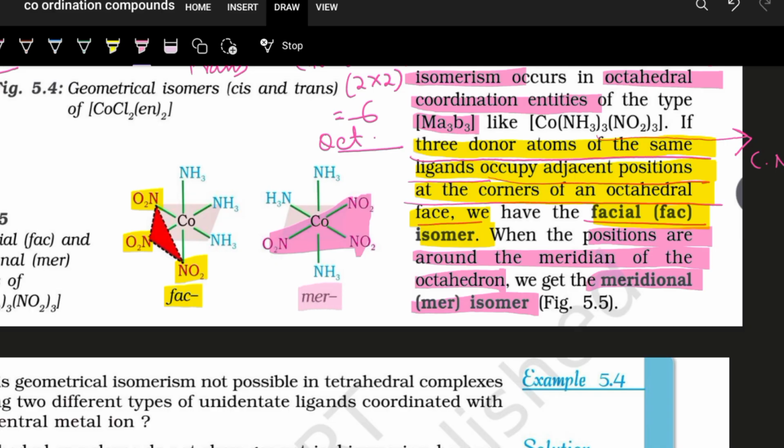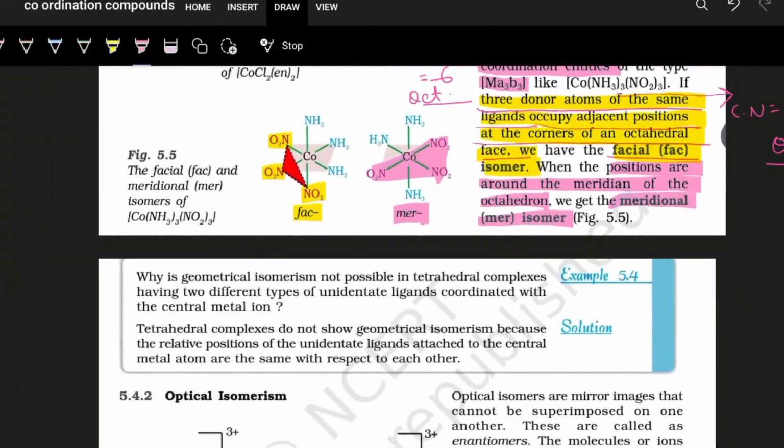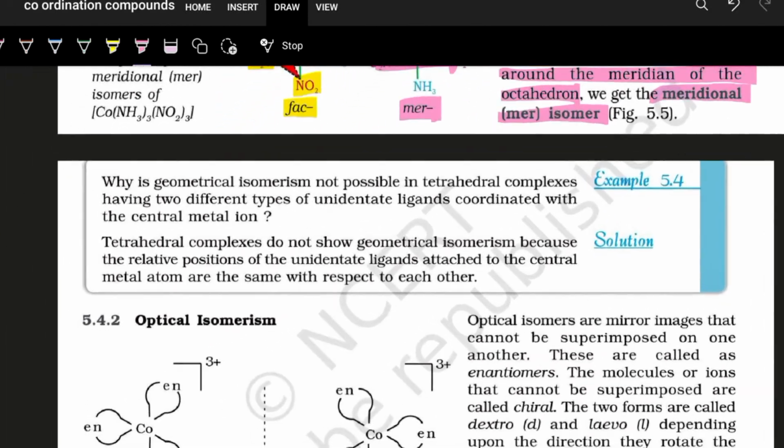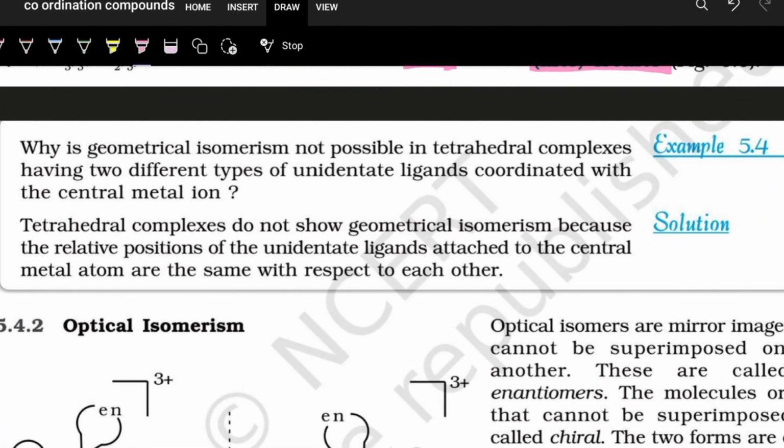So it is a mer isomer. You may think, which is the meridian? See, it is passing through the central metal, covering up the three edges. So that is your meridian, which forms the mer isomer. So this is one very important question.